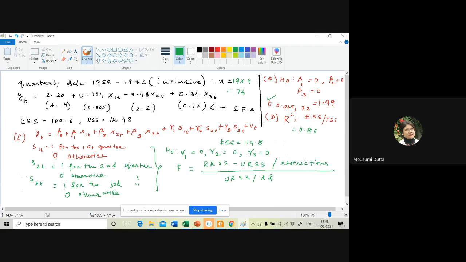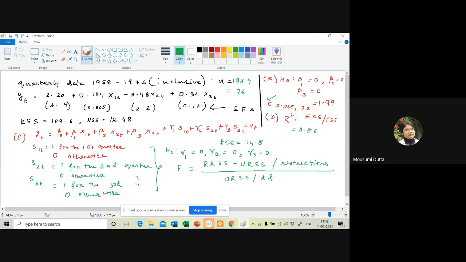Isn't it? Yes, ma'am. Yesterday we did this. And when we write the F statistic, we compare with respect to URSS, because that is the original model.